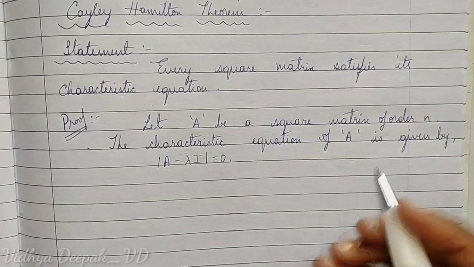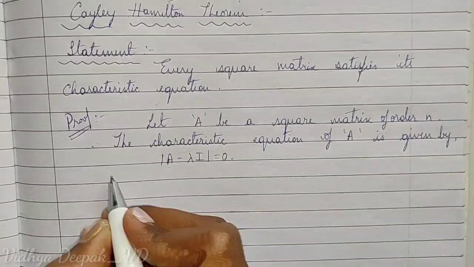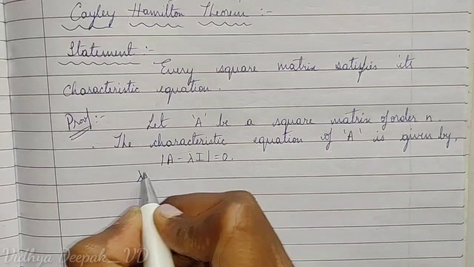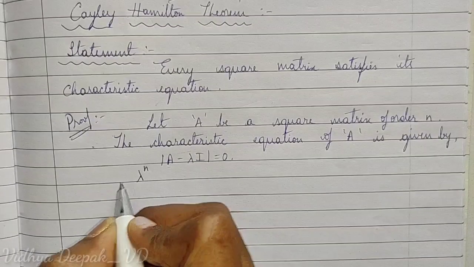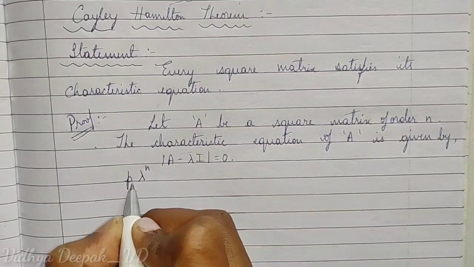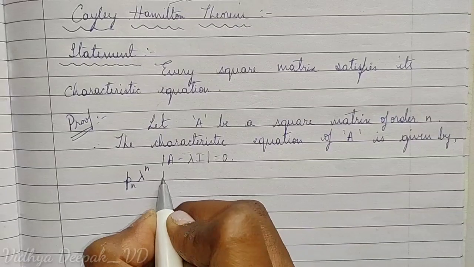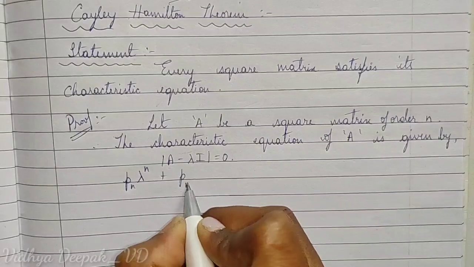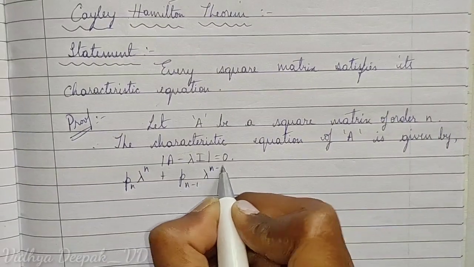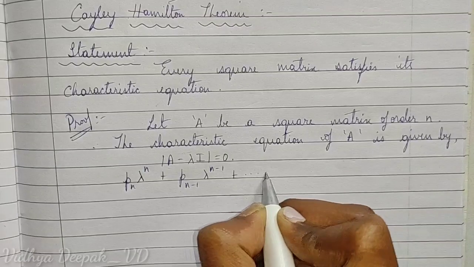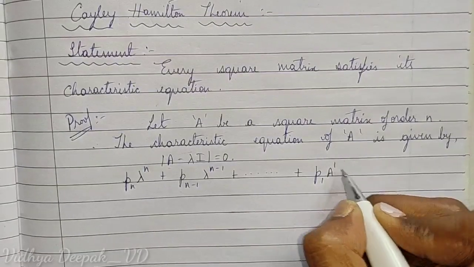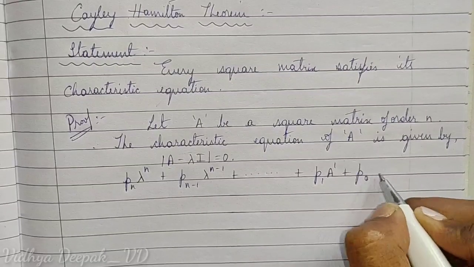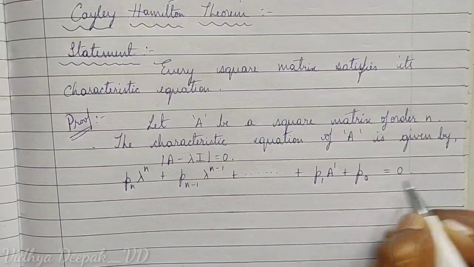So the highest power of lambda will be n, right? So I'll take the coefficients to be Pn lambda power n plus Pn minus 1 lambda power n minus 1 plus etc., plus P1 lambda power 1 plus P0 is equal to 0.